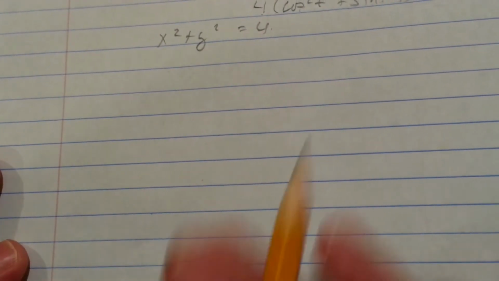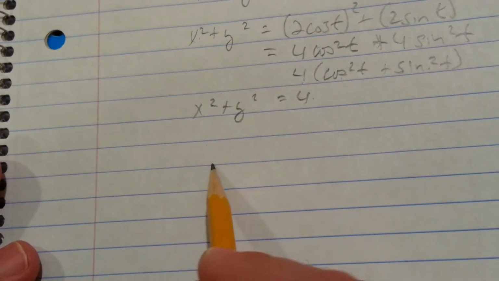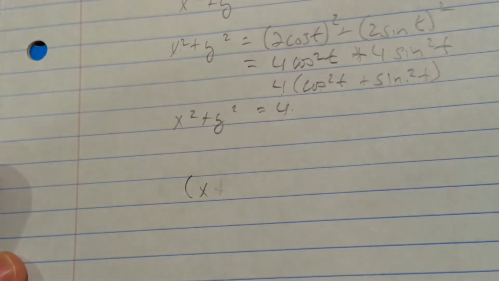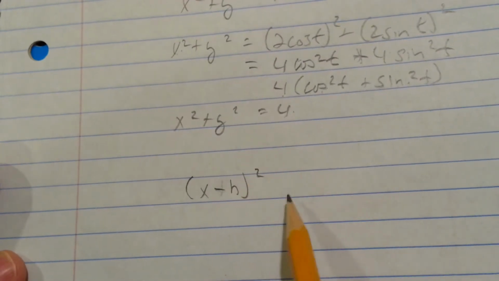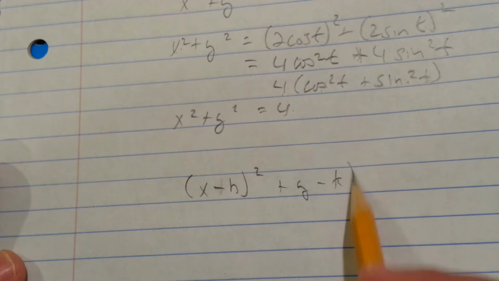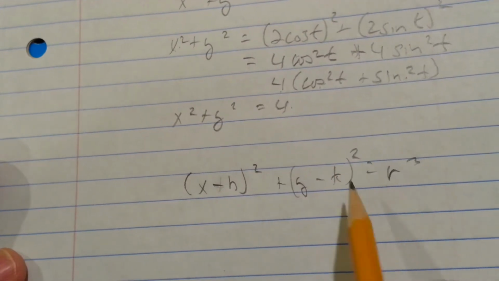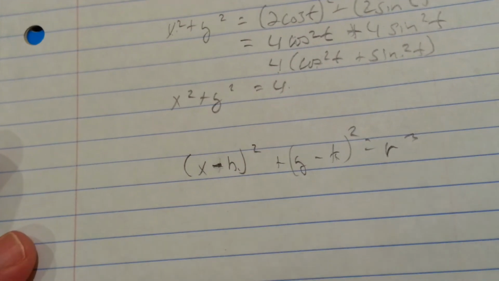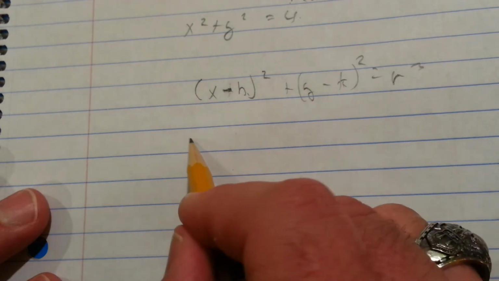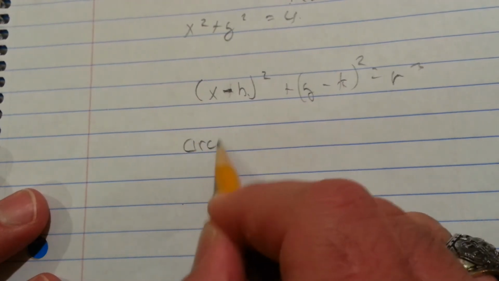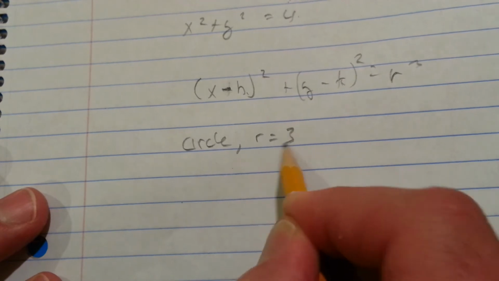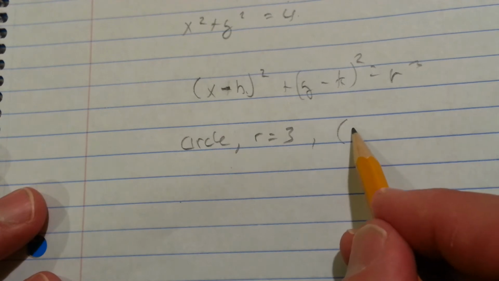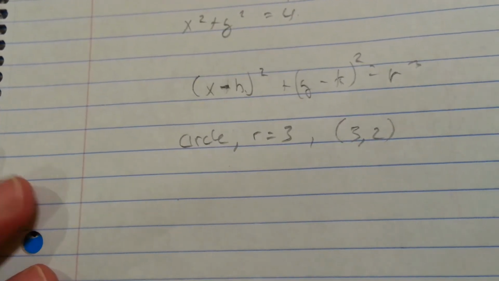If you have, remember our formula for a circle is always x minus h squared plus y minus k squared equals radius squared, and our center is h, k. Okay? So if you have a circle with radius equals, let's say 3, and the center of the circle is at, let's say, 3, 2, okay?